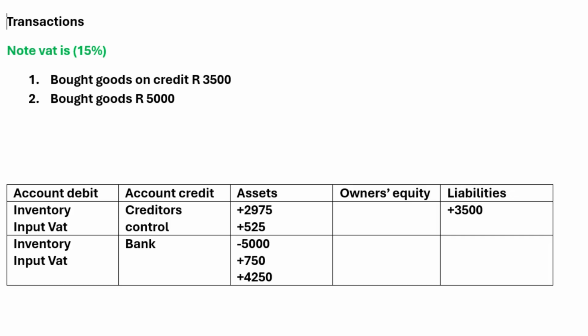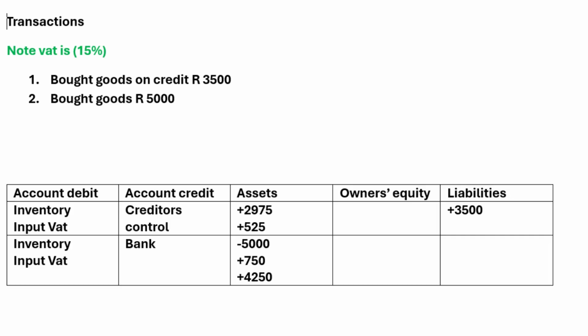So in this transaction, our liabilities will increase by 3,500 and our assets will increase by 2,975, which will be your inventory firstly, and then your input VAT will increase by 525, which is also your asset.